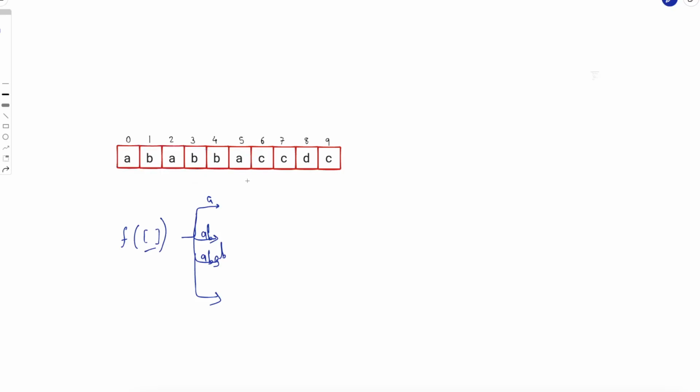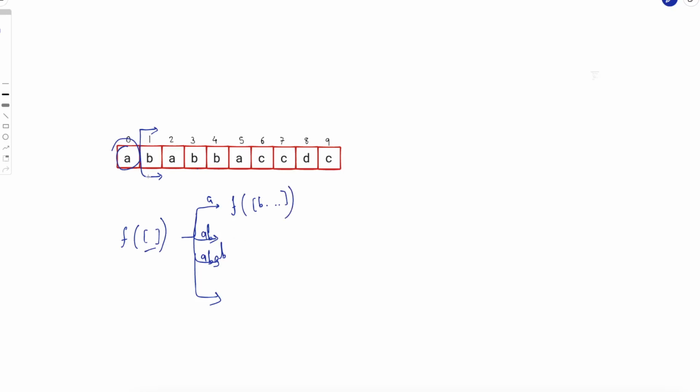So among all these valid partitions, after I take A as the first partition, now I need to know the minimum number of partitions I can partition the rest of the string into. So you can call this exact same function with everything starting at B, right? Or starting at the next character.